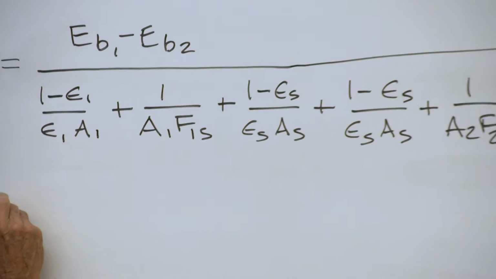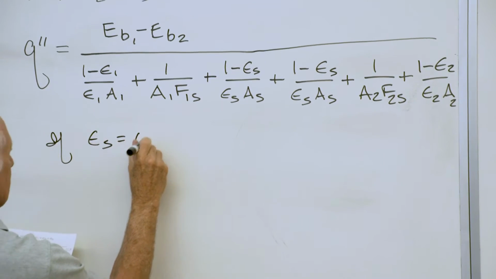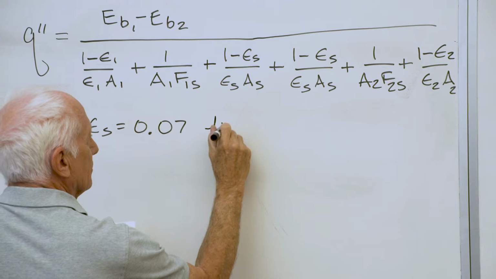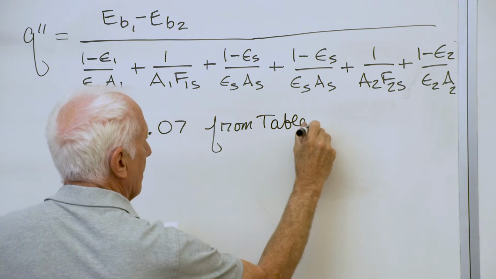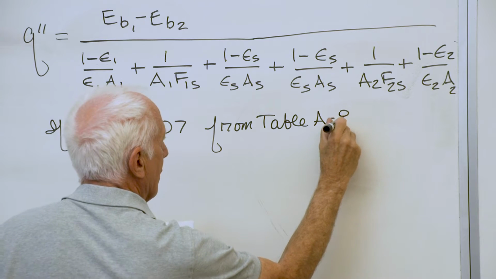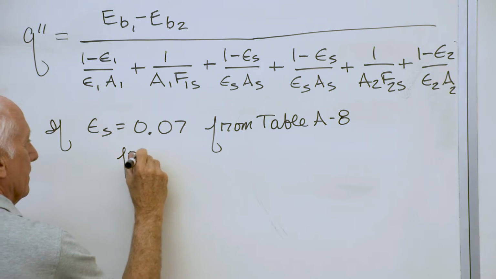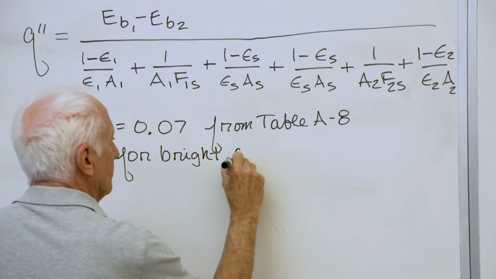For instance, if epsilon shield is 0.07. This is from table A8. Bright aluminum foil.